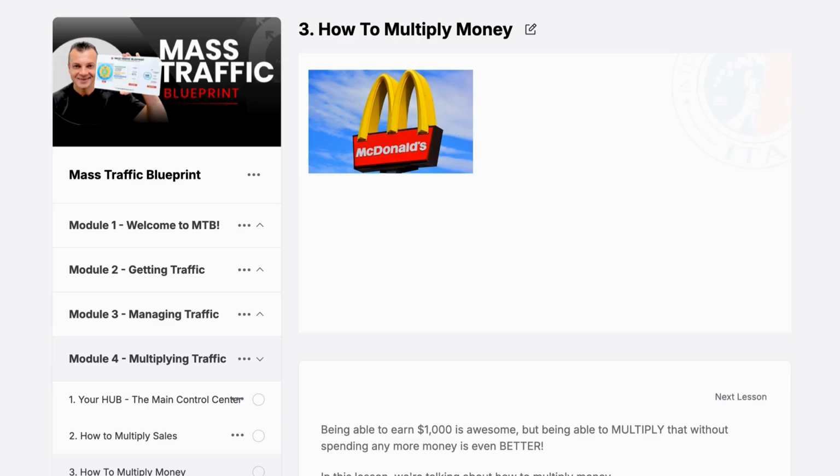And then obviously they sell ice cream, drinks, and all these additional things. But their lead magnet, the lead product, the central thing that gets people in, is for the most part the Big Mac. That's what they're known for.